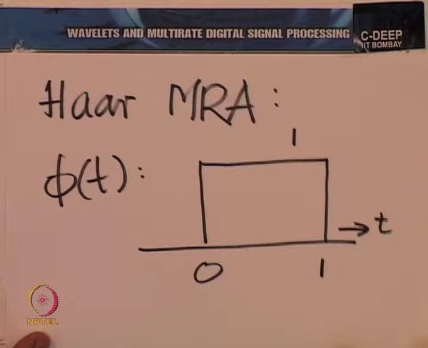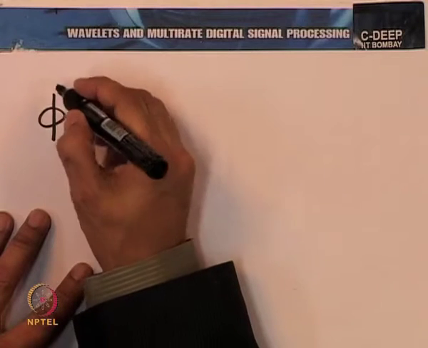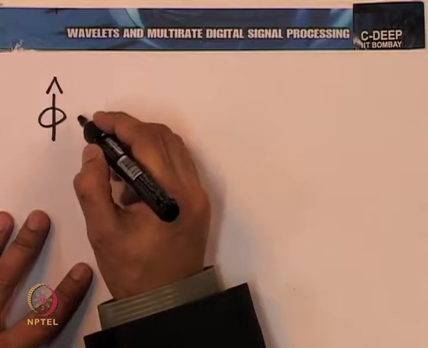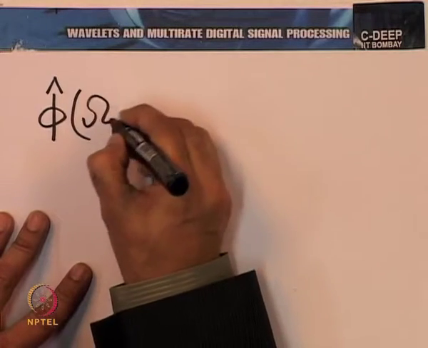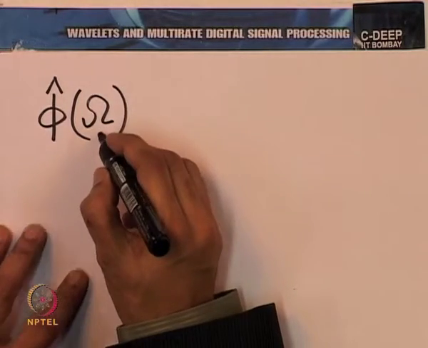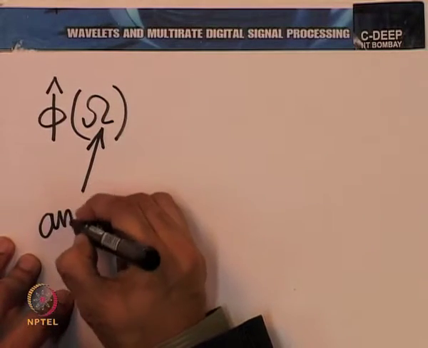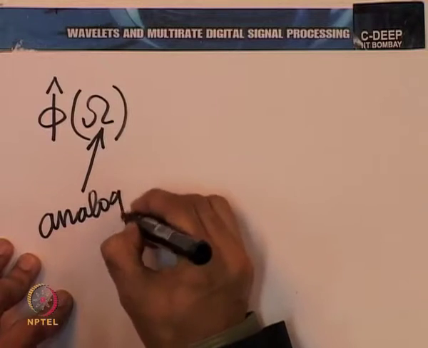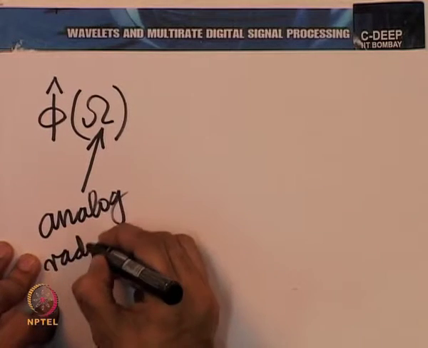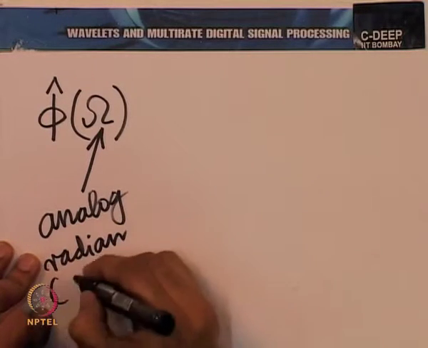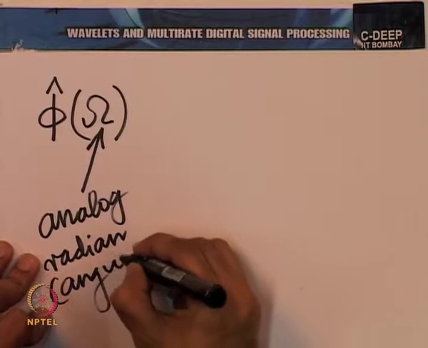We shall use this notation for the Fourier transform, a cap on top, and capital omega to denote the angular frequency, analog angular frequency. Radian or angular frequency.